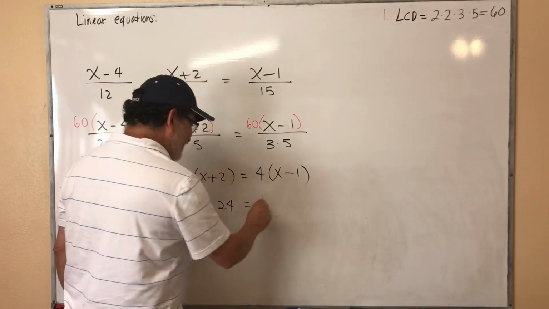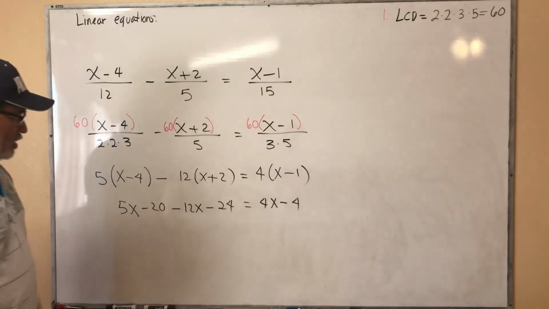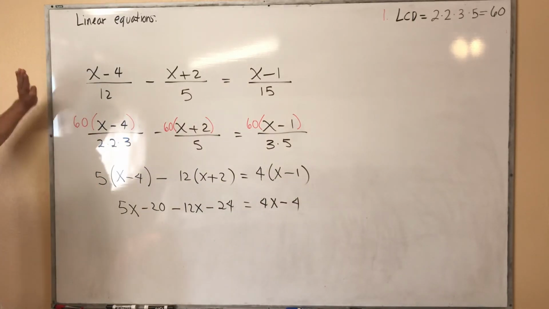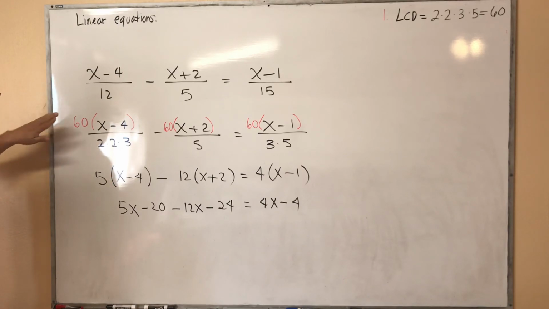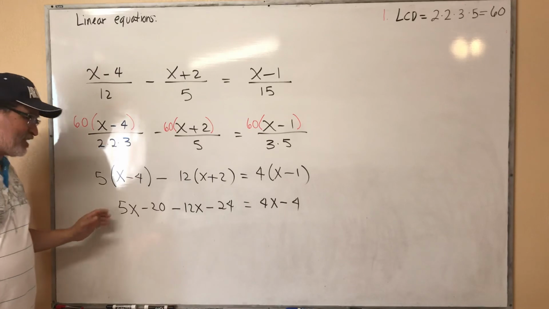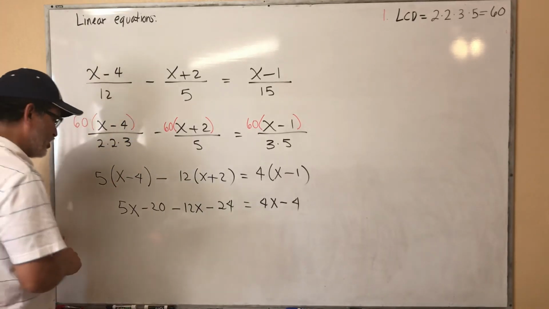What is it? 4x minus 4. Okay. This is beautiful. This is where we started. We multiply every numerator by the LCD. We got a simpler equation. Now it's even better. So now let's finish it.